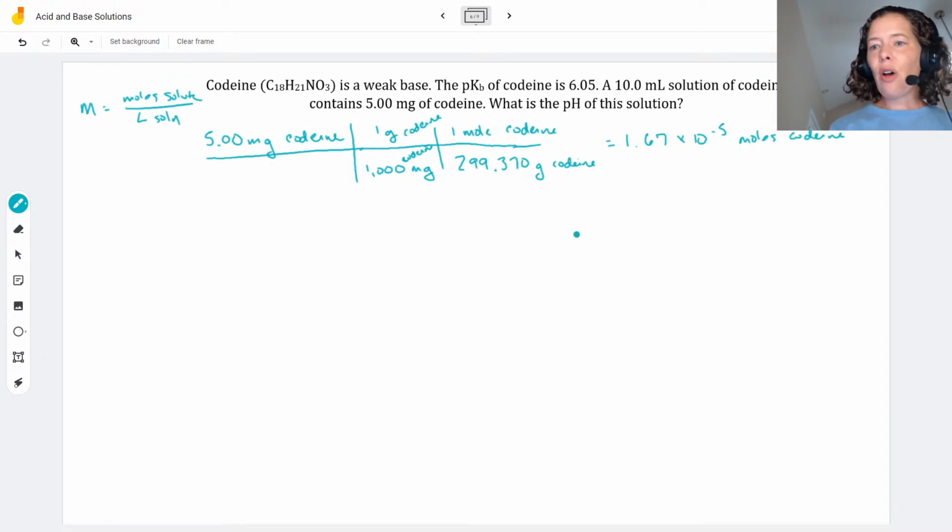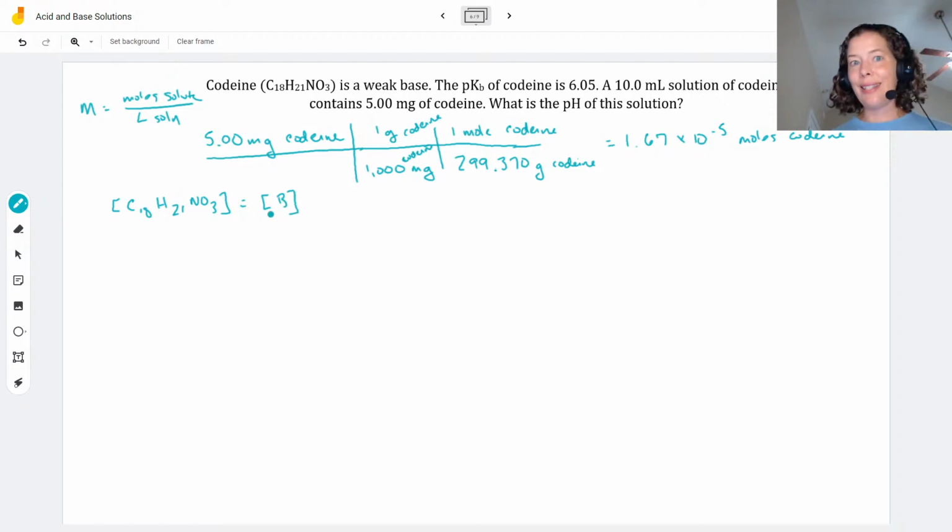All right, so now let's get concentration. My concentration of codeine, just to make this easier, because this is a big molecule, I am just going to call this B for base. That's just going to make my life a lot easier.